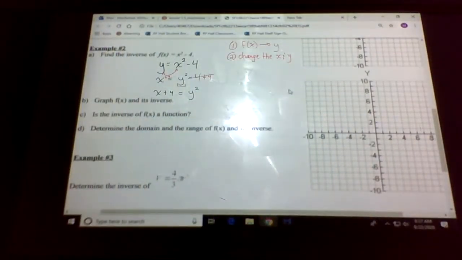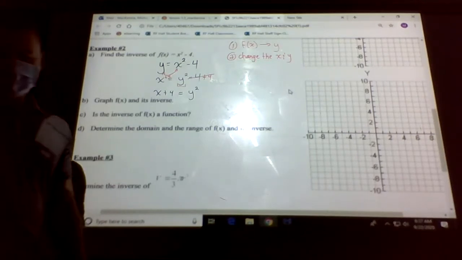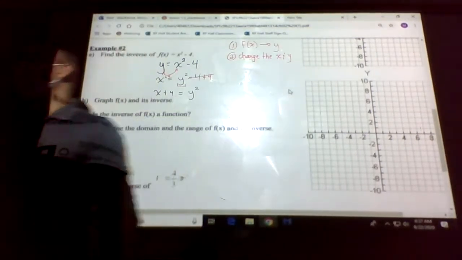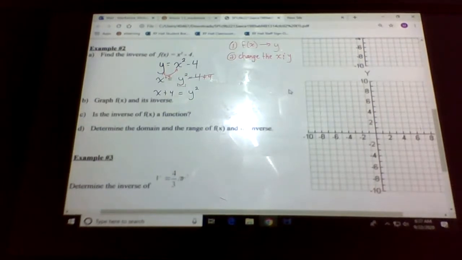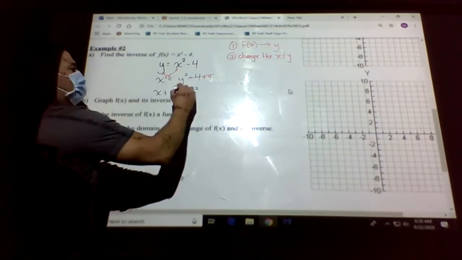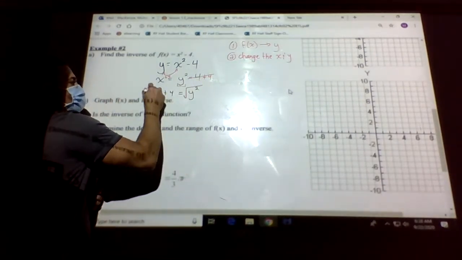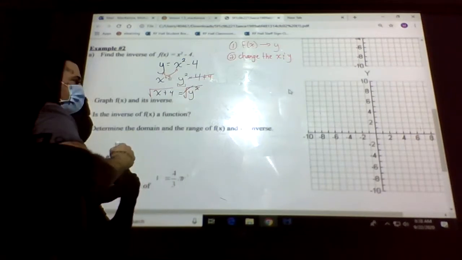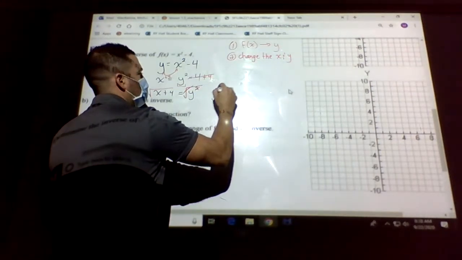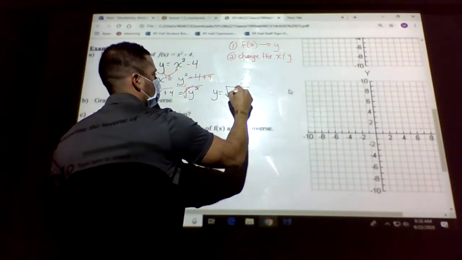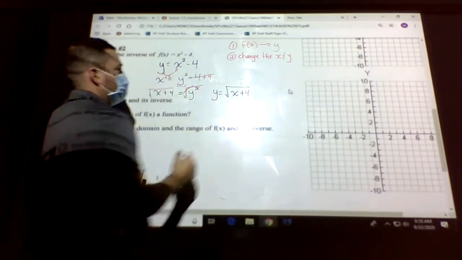Okay, and now is y by itself? No, we gotta get rid of the square. So we do that by doing what operation? What operation to cancel it out? Square root. Okay, so we square root. And now we have y equals the square root of x plus 4.